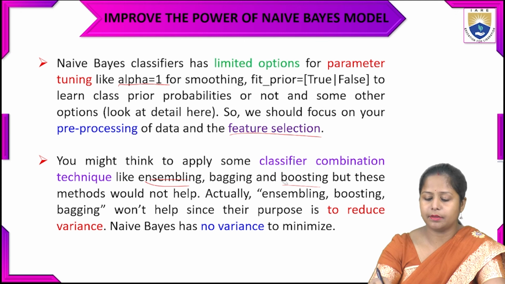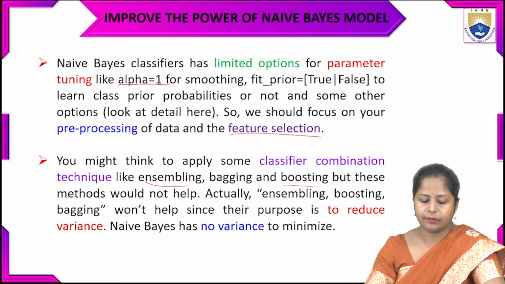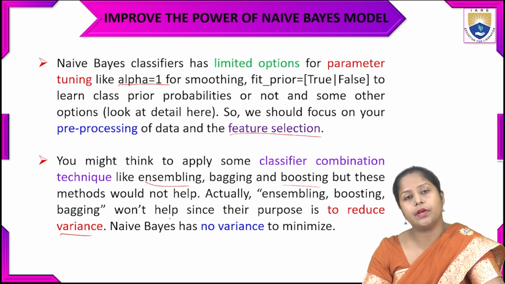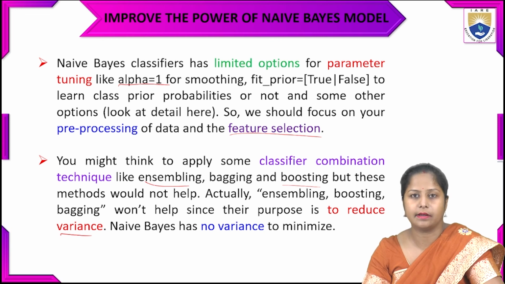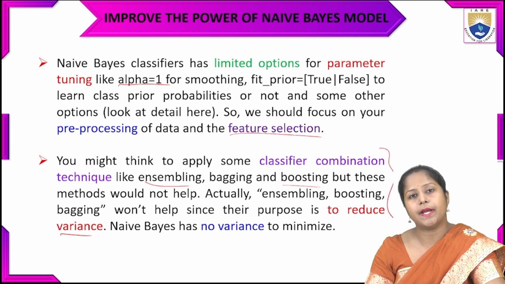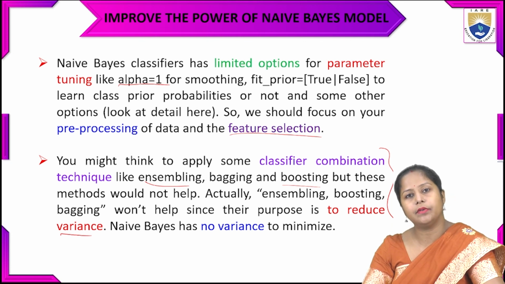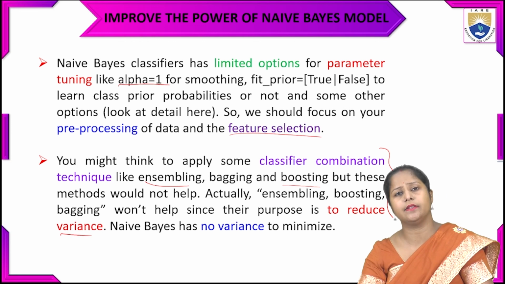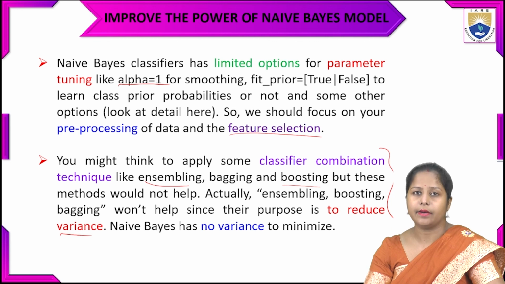Ensembling, boosting, and bagging wouldn't help, since their purpose is to reduce variance. Naive Bayes has no variance to minimize. That is a drawback of naive Bayes. We cannot reduce the variance; if the data set is not properly varied, we cannot do the variation on that classifier.